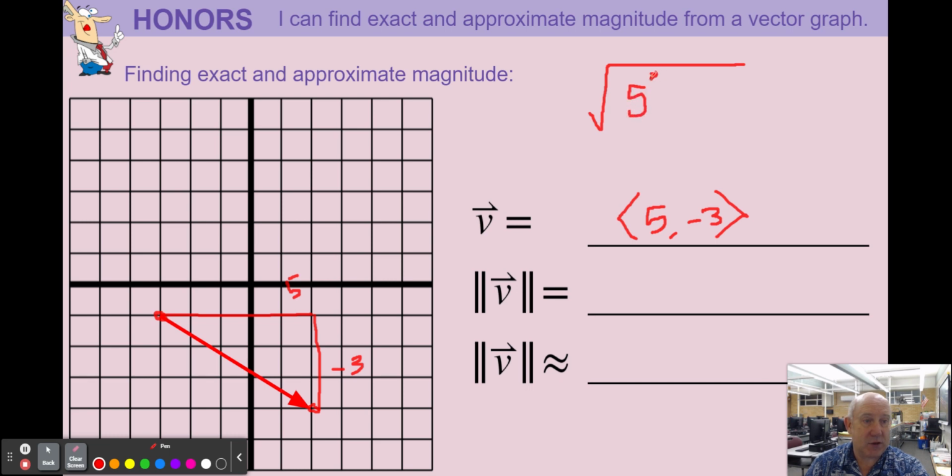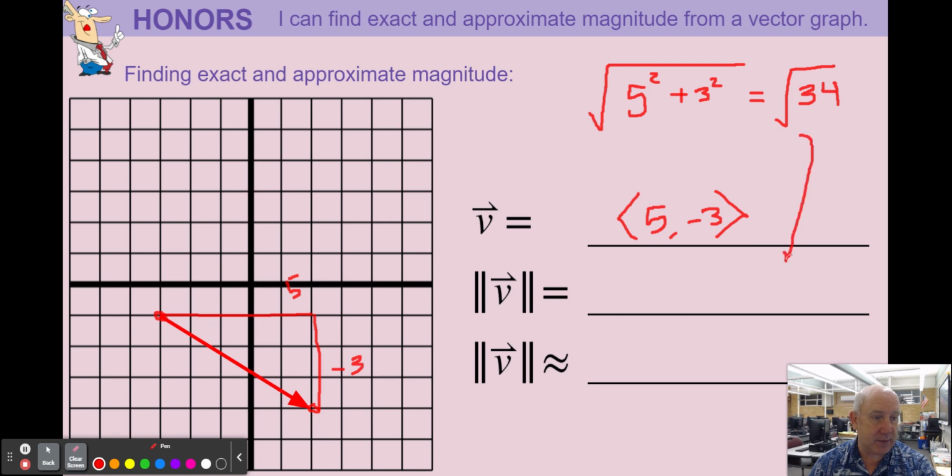So if I do 5 squared plus 3 squared, then we get the square root of 34. We have 5 squared is 25, 3 squared is 9, 9 plus 25 is 34.